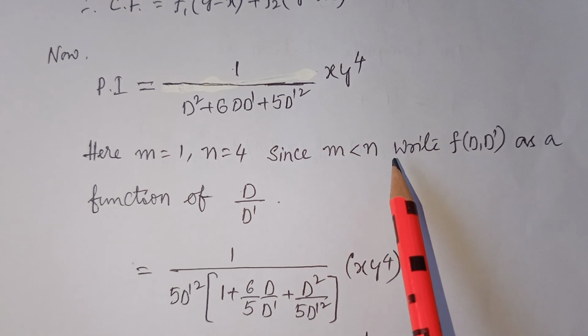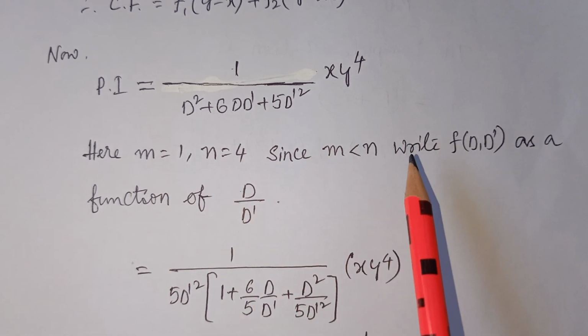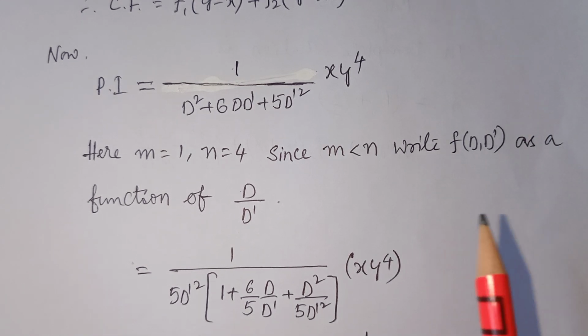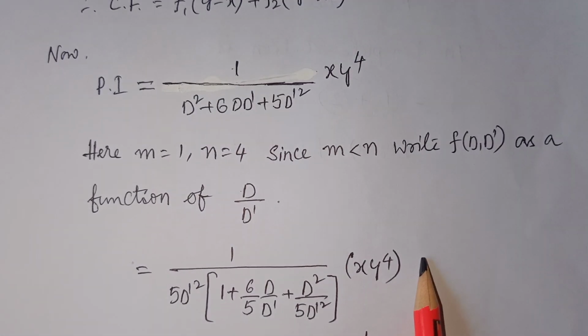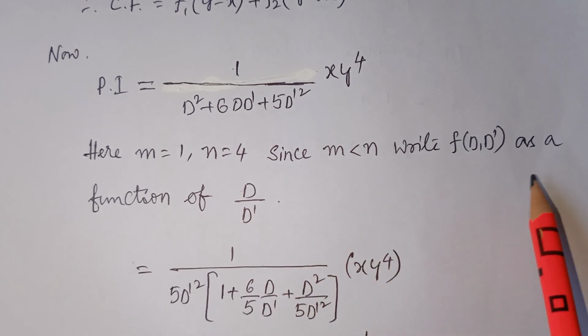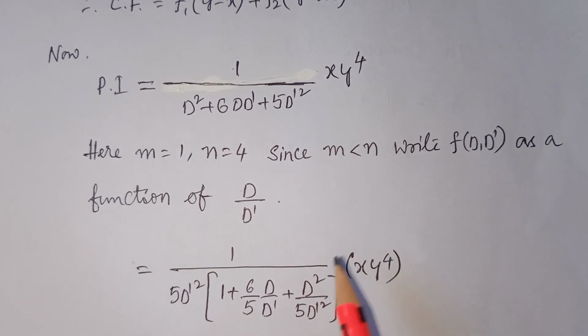Here m < n, that is 1 < 4. So, since m < n, write f(D, D') as a function of D/D'.